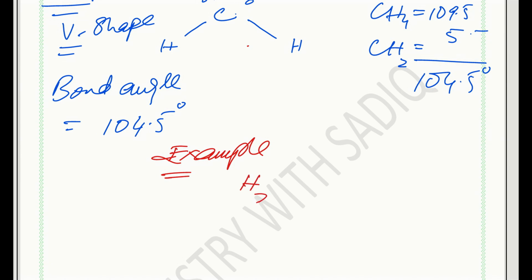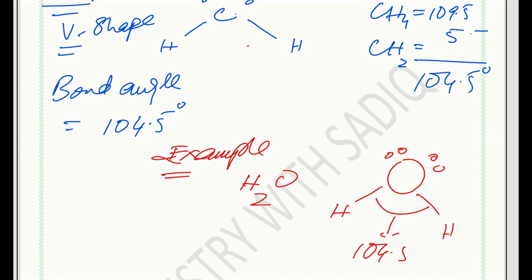It is H2O. If you see oxygen in the center, one pair, second pair, two pairs are there. So this bond angle is 104.5 degrees. This is one of the amazing structures of water, which is V-shaped. That was just by removal of one or another electron pair.